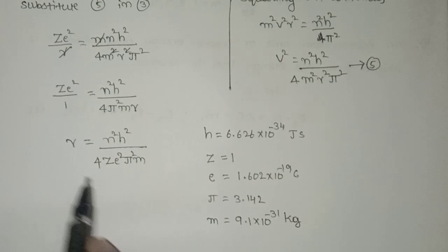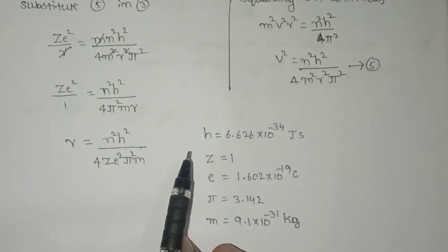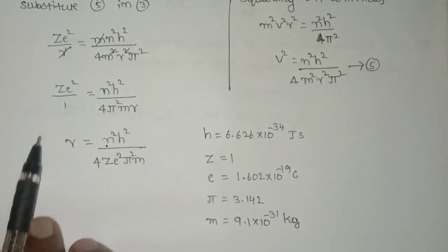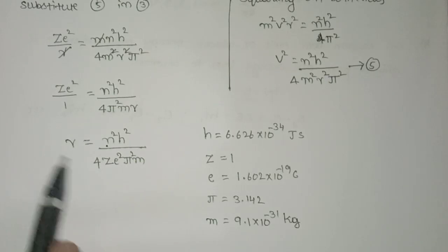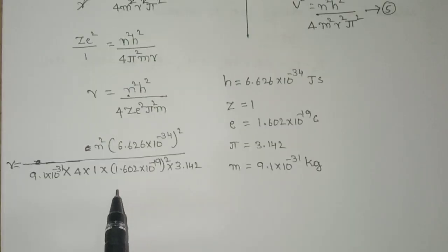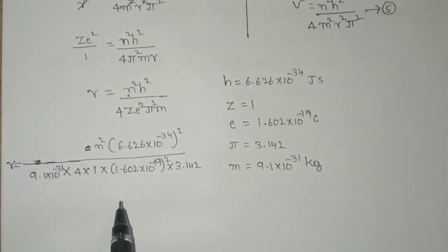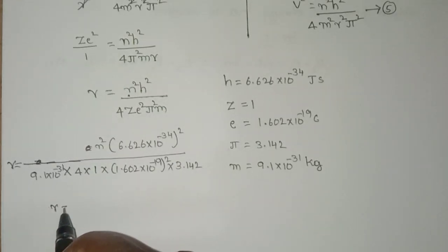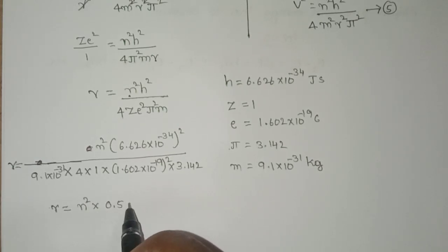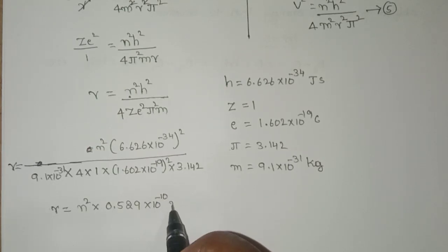And n will be different for different orbits. That means we are determining the radius of the nth orbit, so depending upon the value of n, the value of radius will change. Upon substituting all the values of h, Z, e, pi and m in this equation, the equation reduces to n square into 0.529 into 10 to the power of minus 10 meters.